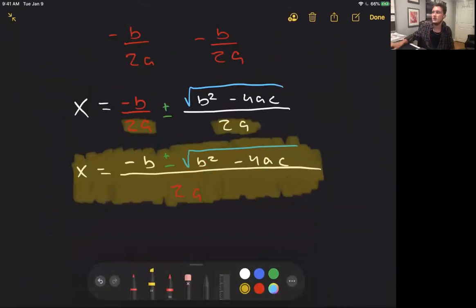But at the end of the day, it's nothing more than simply using inverse operations, simplifying, adding or subtracting equivalent numbers, multiplying and dividing by 1. It's nothing that we haven't done up to this point, but that is how you take standard form and derive the quadratic formula.